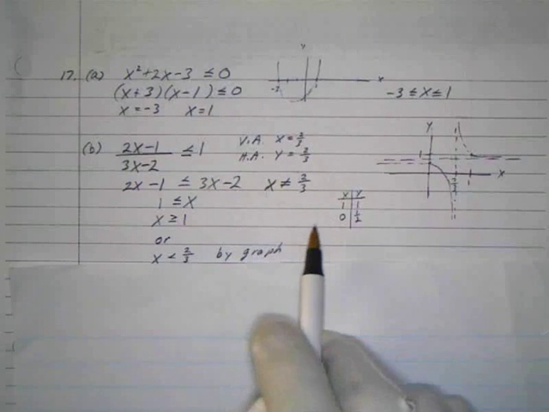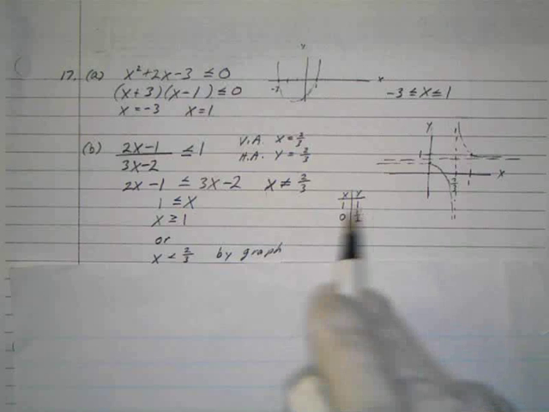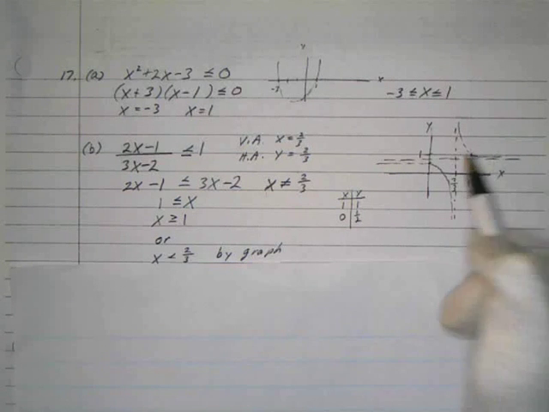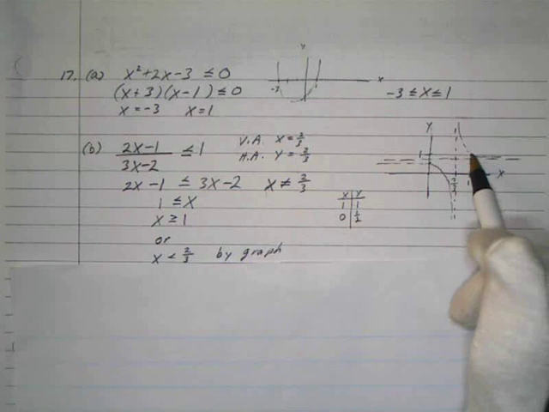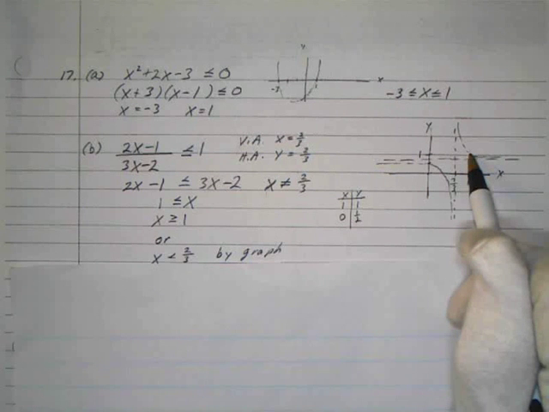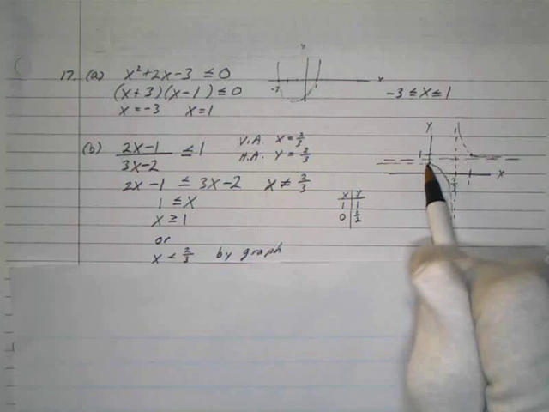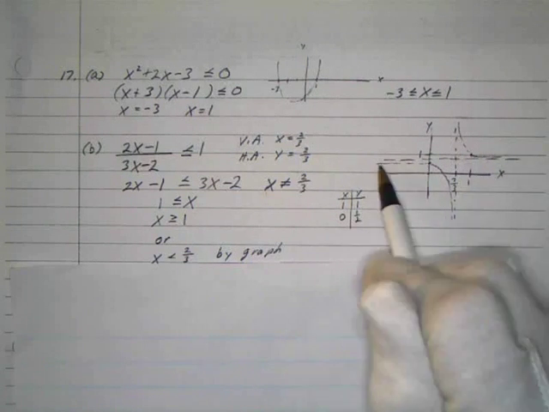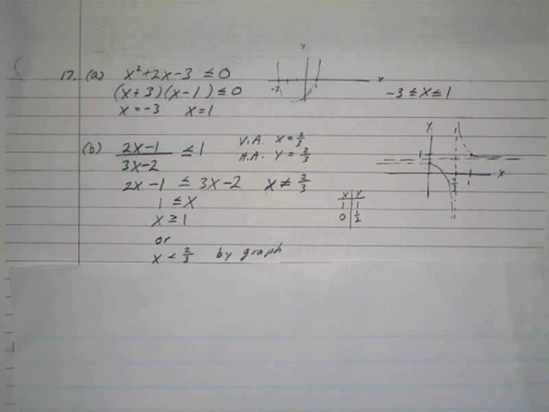And then we just tried some test numbers. When x is 1, y was 1, so we're over here at (1, 1). And when x is 0, y is 1/2. So we get an idea that the sketch looks like this. You could try some more checkpoints, but you get that feeling.